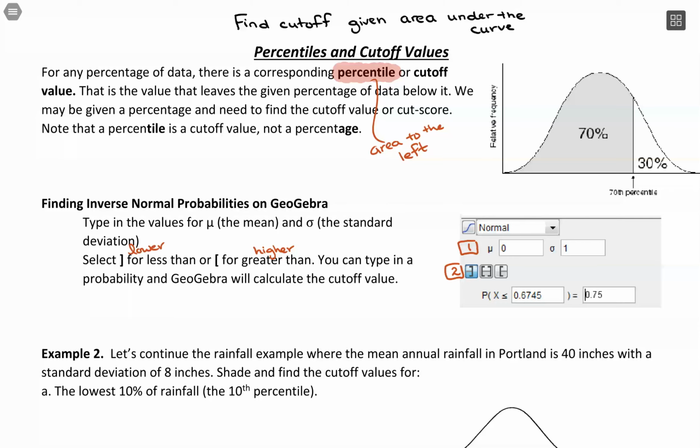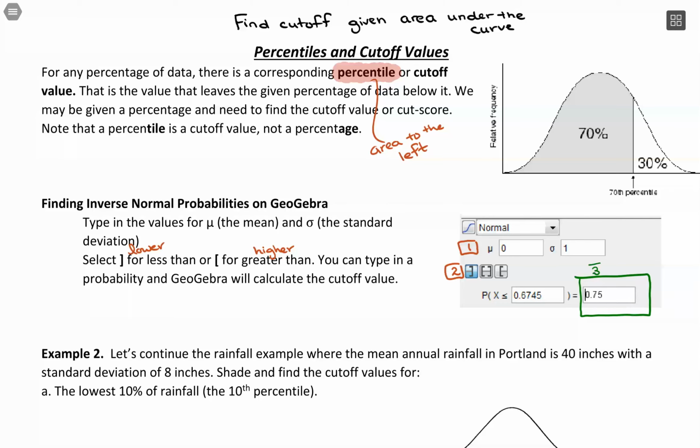Now what changes is where we edit in our notation. Like before, we edited over here in our probability notation because we were plugging in the cutoff values and finding area. But what's happening here is we know area. So where you're going to edit is on the other side of the equation.